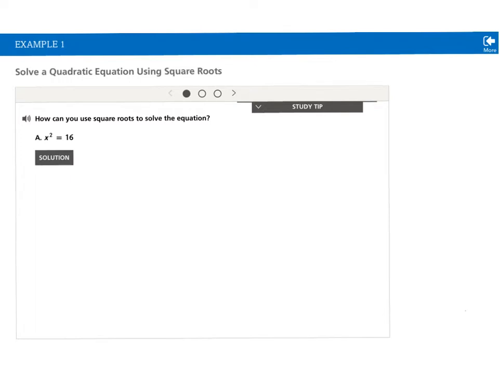So let's look at this example. How can you use square roots to solve this problem? Obviously, we recognize that 16 is a perfect square. So if I want to square root the left-hand side, I can do that. I have to do that on the right-hand side as well, except that recall from middle school that when you square root a number, there is a principal root and there is a secondary root.